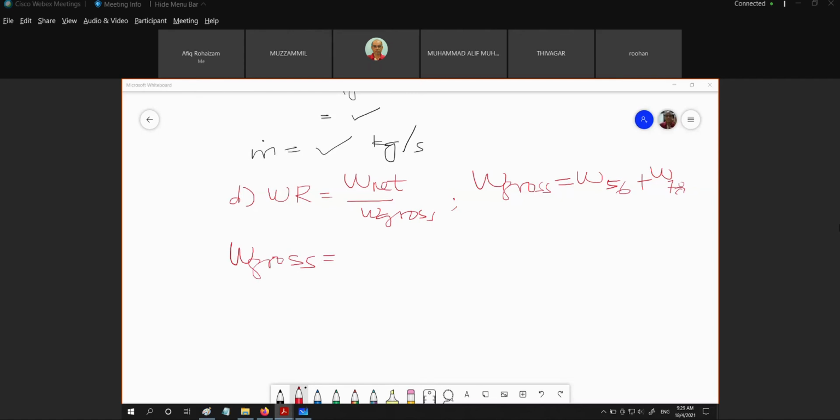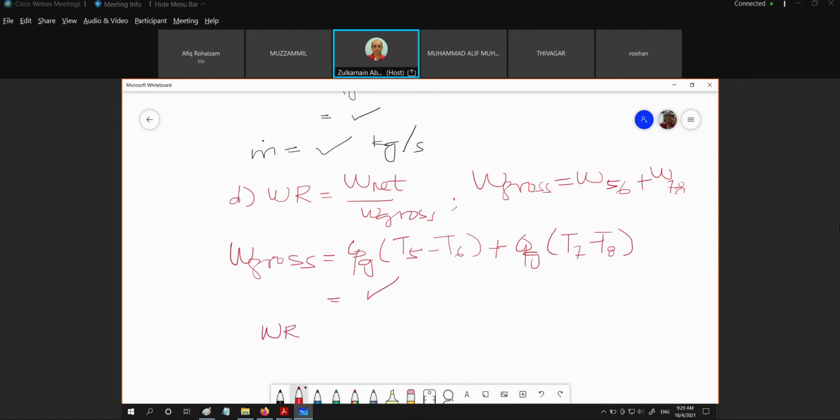That's right. The work gross for 5, 6 is CPG (T5 minus T6), plus 78, which is CPG (T7 minus T8). Once you have your work gross, then you get the work ratio.